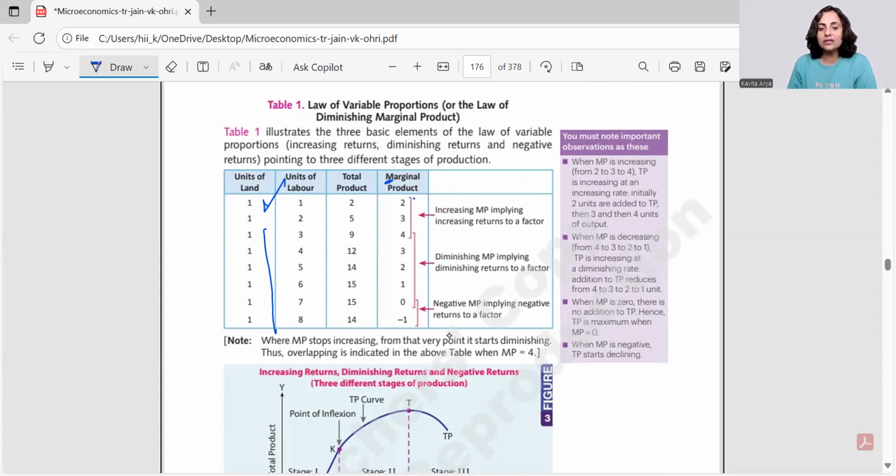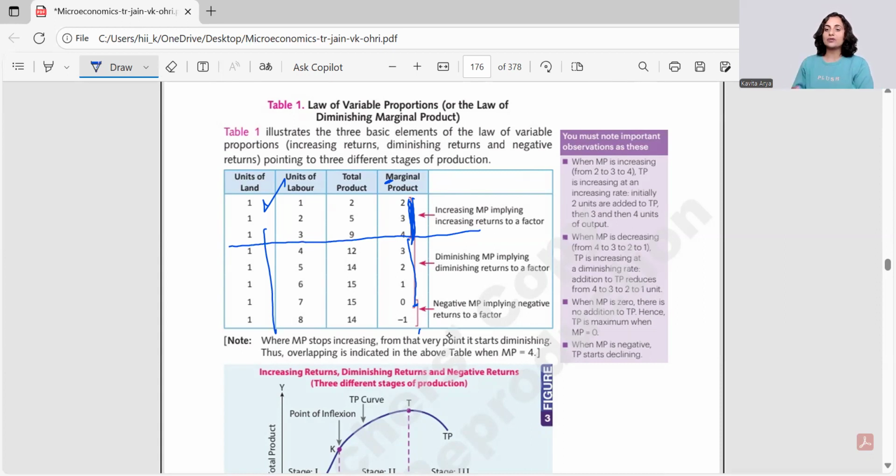Their initial stage is that they give increased output, then their output starts falling, eventually becomes 0 and negative, right? If you have this in your mind, then you would be able to understand and create your own tables.